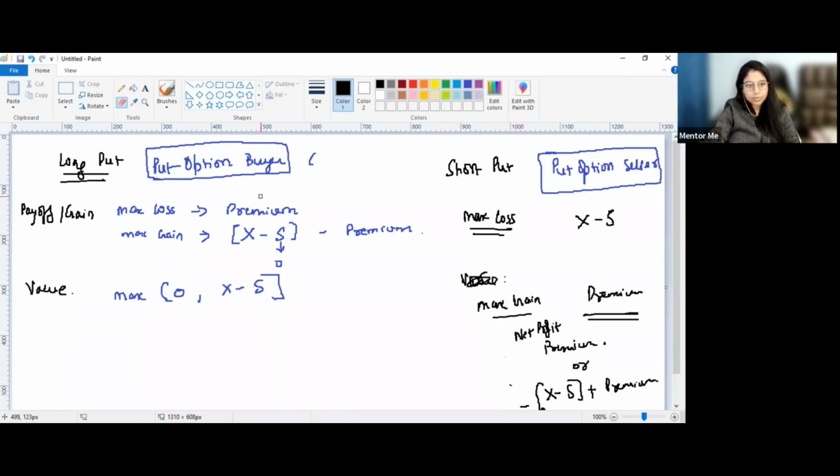Let's call it net profit only. As far as our net profit is concerned, we will be making either the premium or the loss, which is going to be minus of whatever is the difference between the exercise price and the stock price, plus the premium. So that's the concept of put option, right?